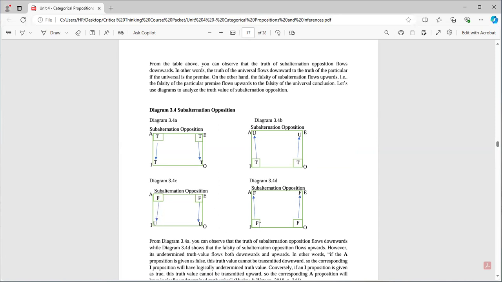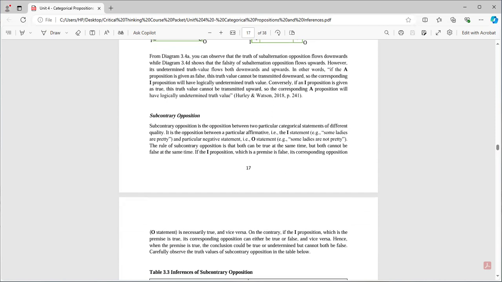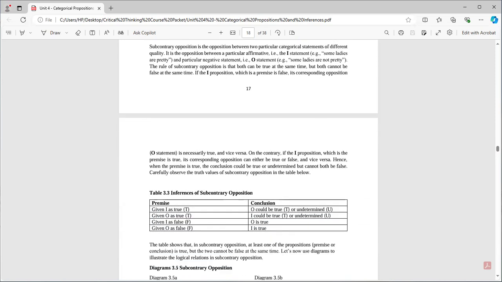Same thing. But when the particular is false, the universal is false. Because if we take out the subset from the universal, we don't have a universal again. So when the particular is false, the universal is also false. That is for subordination.